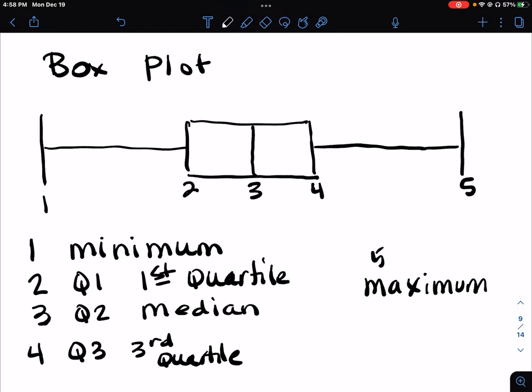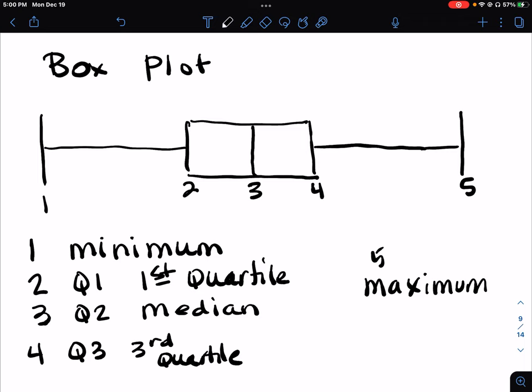Okay, a box plot is what's called a 5-number summary, and it has a box in the middle and like these wings that go out to the side. The first number on the far left is the minimum value of a data set. The left side of the box is the first quartile called Q1.